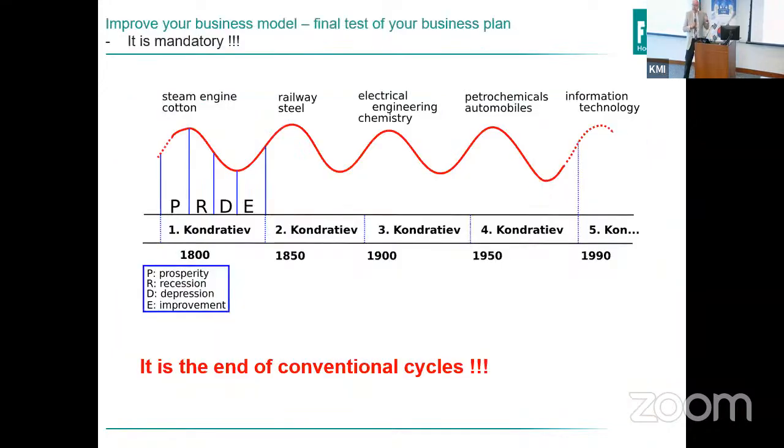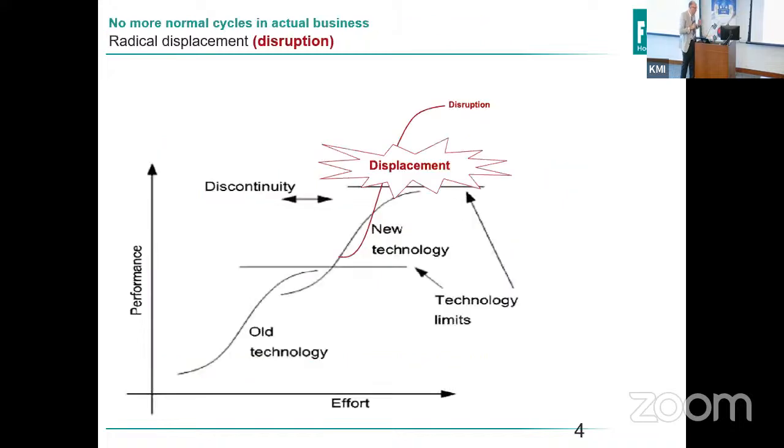Because in former times, we had big cycles. I have written an article, everything is with cycles. We have the cycle of the Kondratieffs, that means the longer cycles, and in between we have technology cycles and product cycles, but everything comes to an end. That's no problem, because normally we can gain money during the product cycle or the technology cycle.